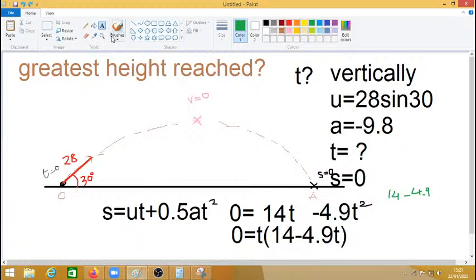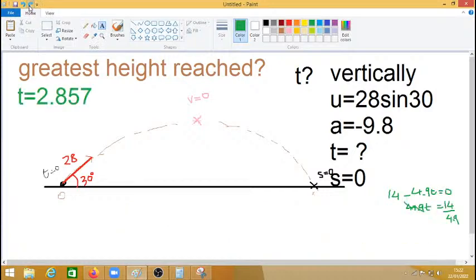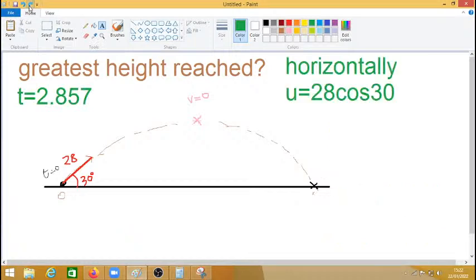Acceleration going down is 9.8. But the most important thing you'll have to think from your head, vertically, the distance above the ground here is 0. So we put that into the S equals ut plus half at squared formula and worked out what time was. So time worked out to be 2.857 seconds.